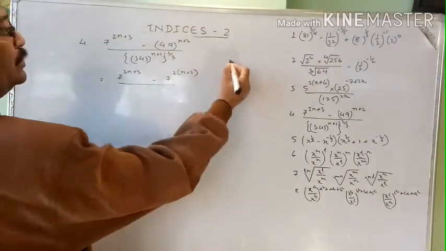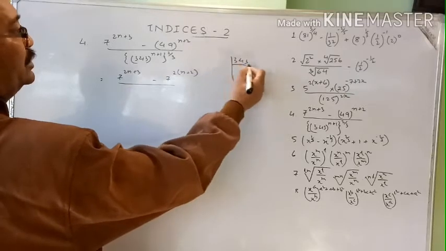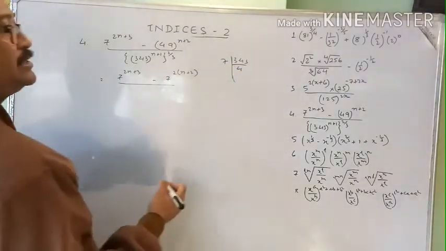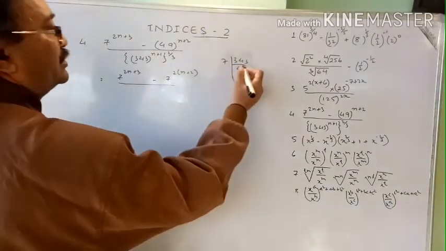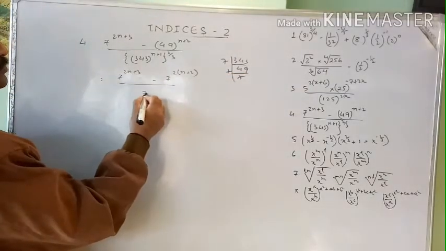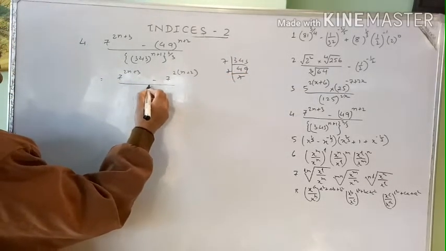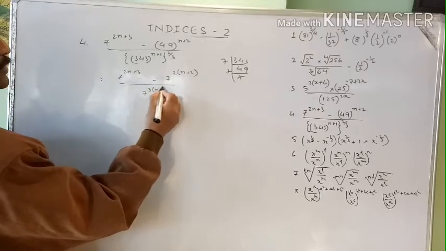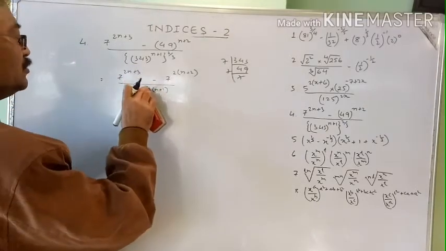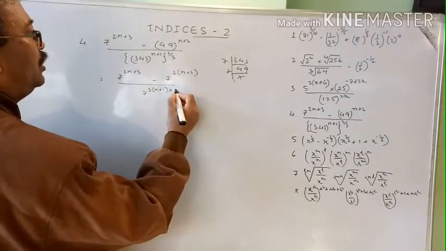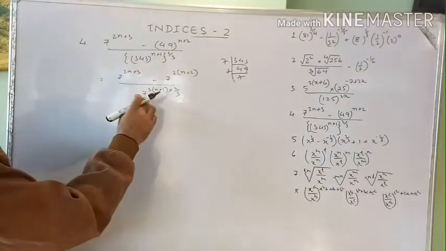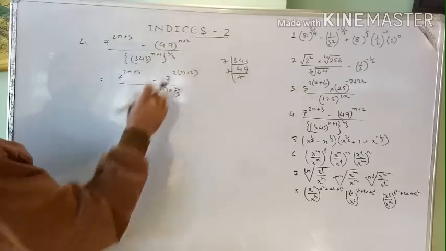And 343, you know, it is 7 cube. 7 4s are 28, 63, 7 9s are 63, so 7 7s are 49, so it is 7 cube, 7 to the power 3 into n plus 1, and power on power will be multiplied, so you can do that also in the same step. So into 2 by 3, because this is 7 cube and power 2 by 3.